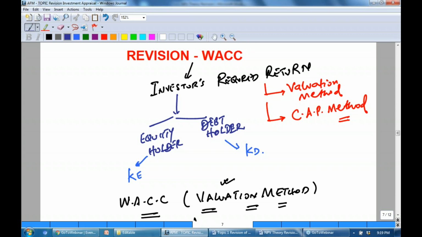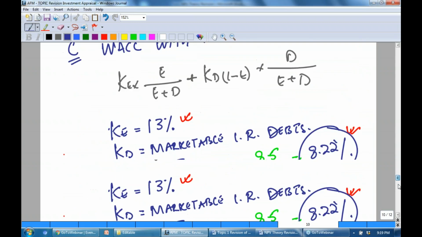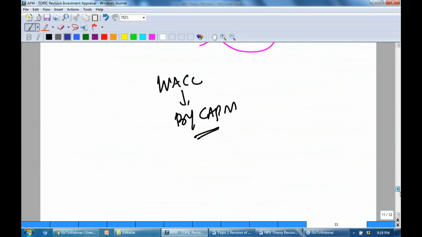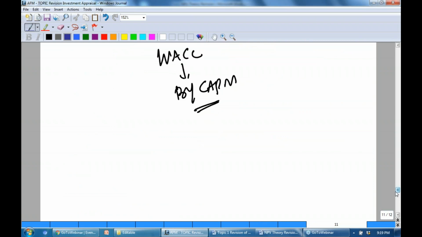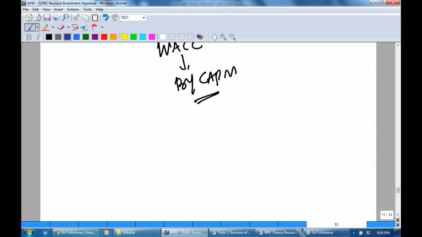We know very well that WACC means investors' required return, calculated by the valuation method, which we have already done, and another, the capital asset pricing model. So the purpose of today's session is how to calculate the WACC by CAPM. So let's start the topic.